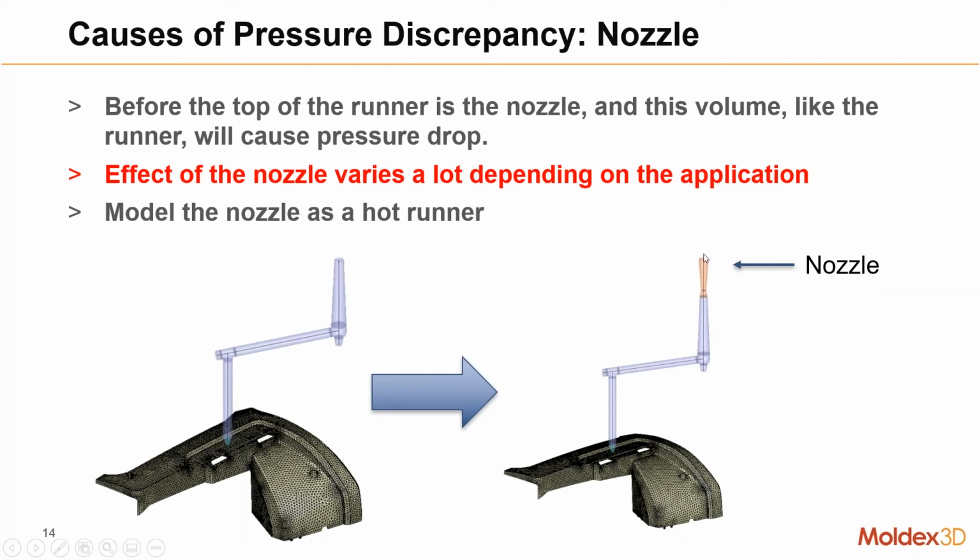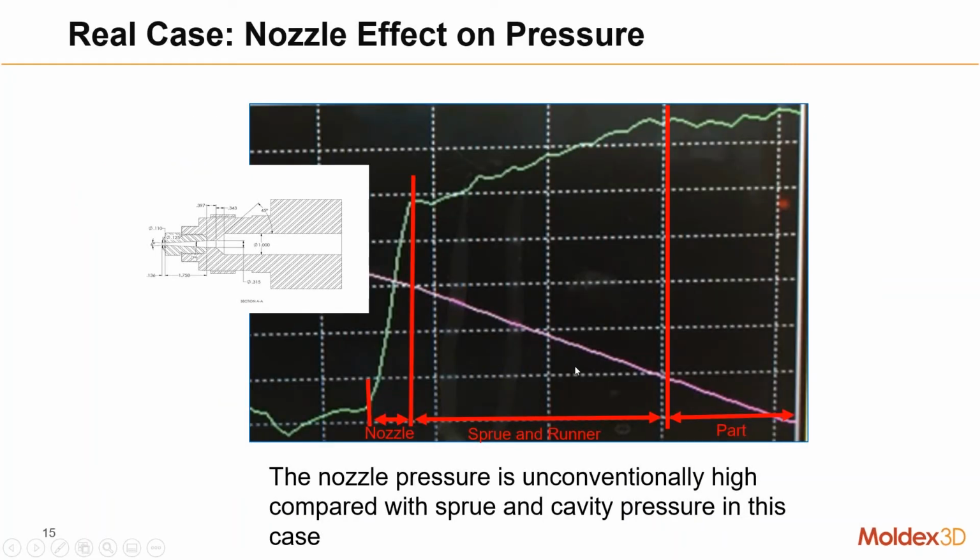So we'll just include a couple of lines if you're using a line-defined geometry. You can also use a solid geometry for this in MoldX as well. You'll want to include the nozzle geometry on top of the sprue. And this nozzle can actually cause a pretty big impact on the overall pressure drop through the system.